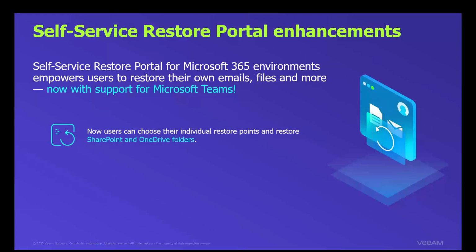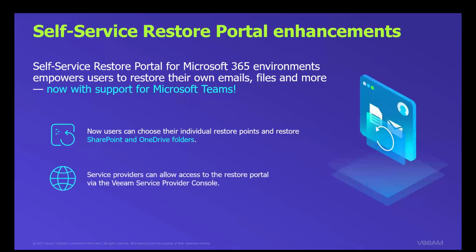Users can choose individual restore points with SharePoint and OneDrive folders, and also the access to the service provider console for customers is also there. A restricted portal, of course, yeah, as mentioned before. So all in all, we're offering more granularity to restore possibilities.